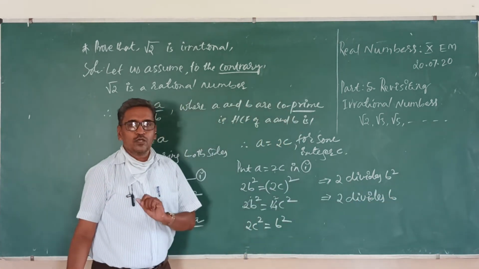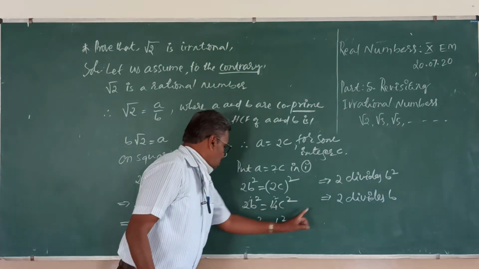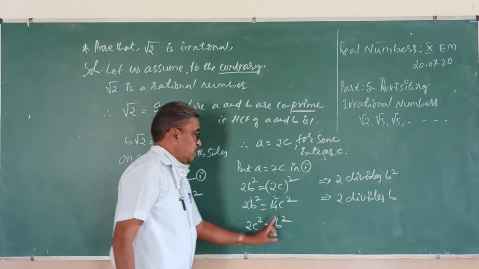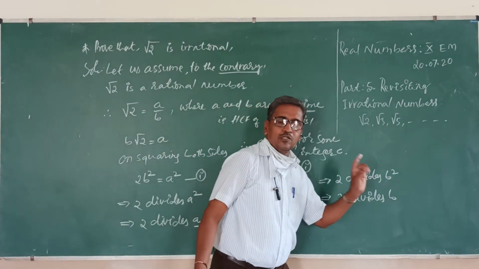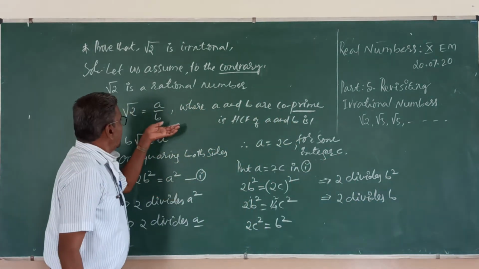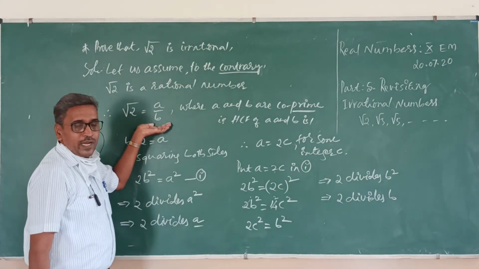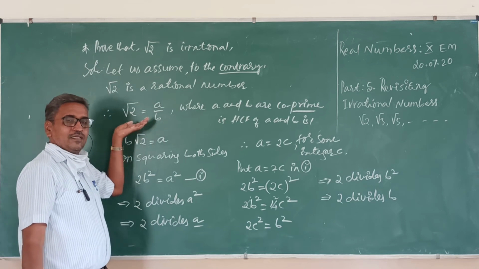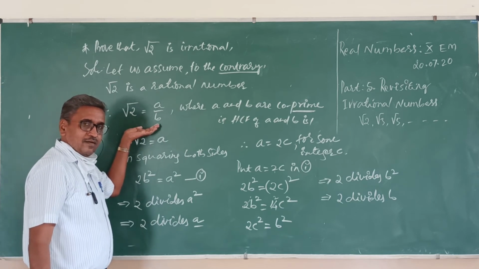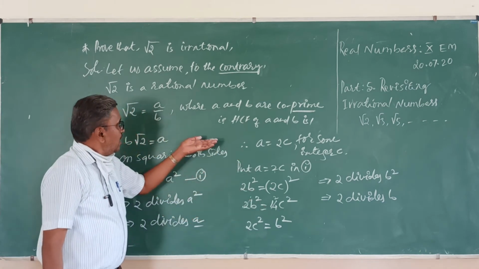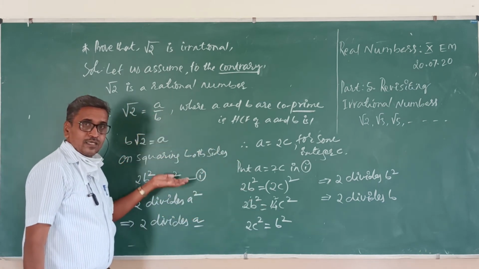So what can we conclude? 2 is a factor of a and 2 is a factor of b. Here our assumption is that a and b are co-prime, and at that time it is rational. But according to the theorem, a and b have a common factor other than 1.